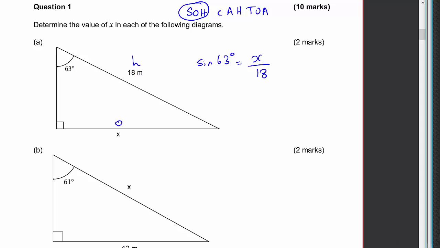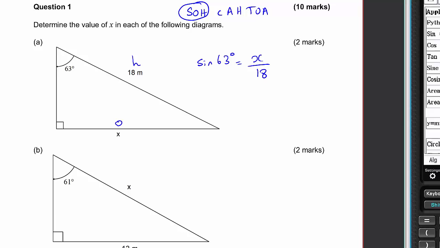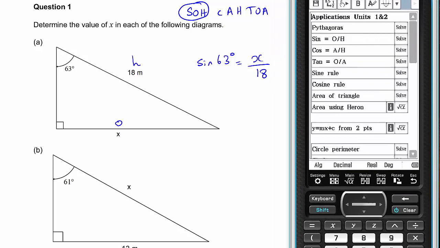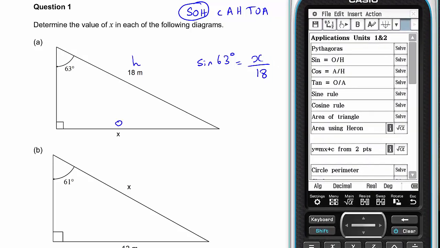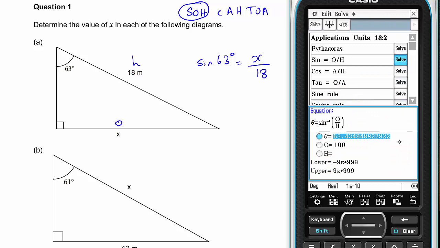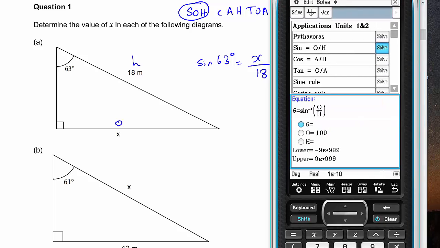Now we could use our E-activity. So I'm just going to bring in the E-activities here. And so we have the sine, and we know the angle is 63.